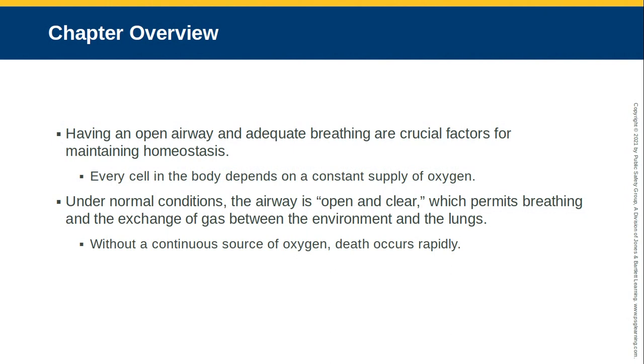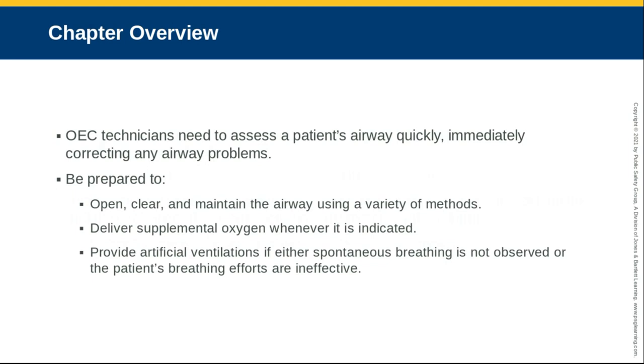Without oxygen arriving at those cells, cell death can occur pretty rapidly. So we need to be able to assess a patient's airway and correct the problems immediately. Be prepared to open the airway, maintain the airway with adjuncts, and then support perfusion to the tissues, support the patient's breathing by providing oxygen.